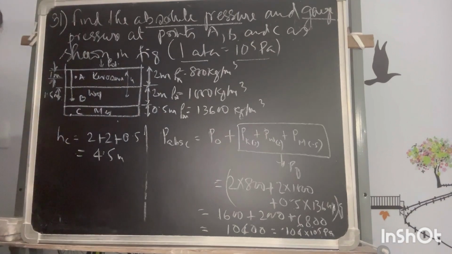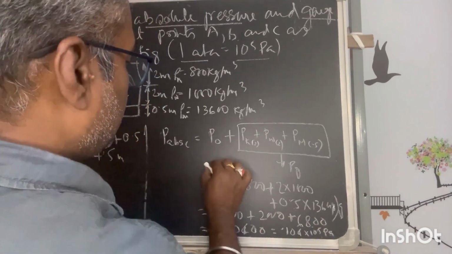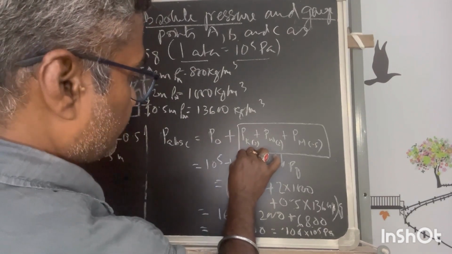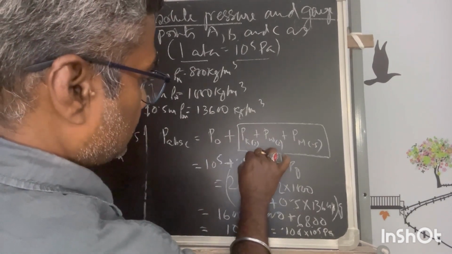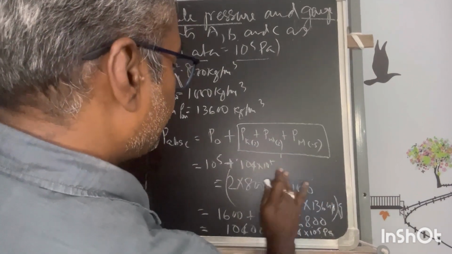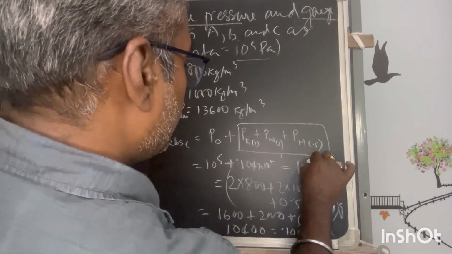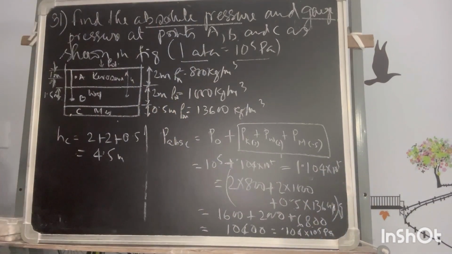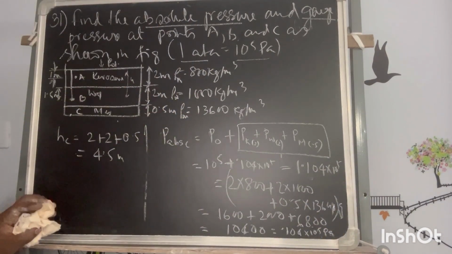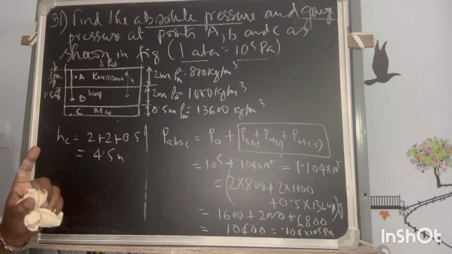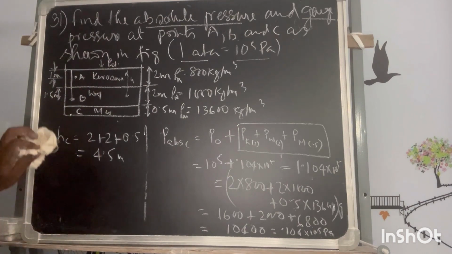So this will be the case of gauge pressure. Now atmosphere is 10 to the power 5 plus 0.104 into 10 to the power 5. So all total it is how much? It is equal to 1.104 into 10 to the power 5 Pascal. So this is the three different parts of this sum where consecutively I have got the gauge pressure and the absolute pressure. Understood? Okay, fine.